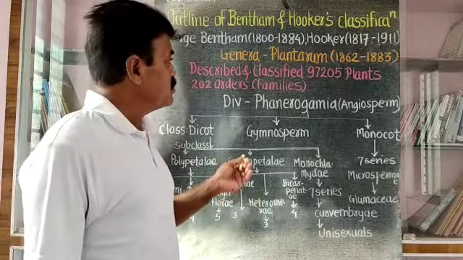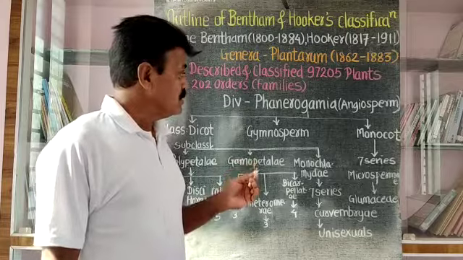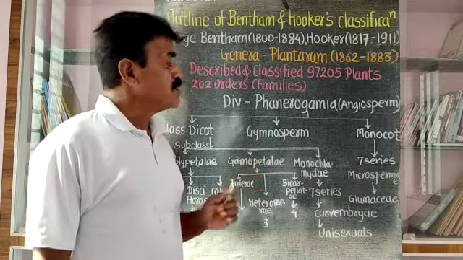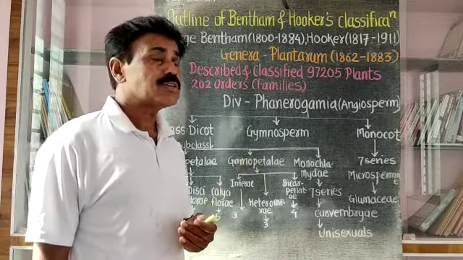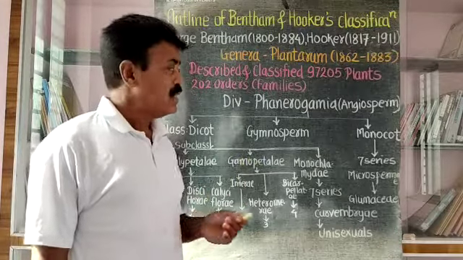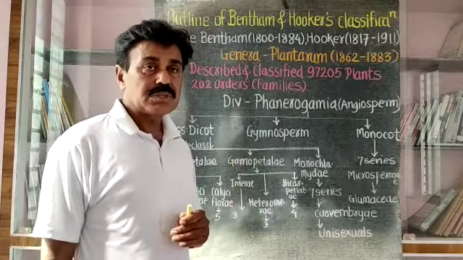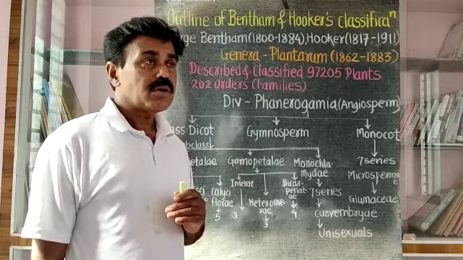Due to that, this system is mostly accepted in a number of countries including India, and this particular system is used for classification of plants, identification of plants, arrangement of herbaria and all such practical purposes. This classification is used in a number of countries.